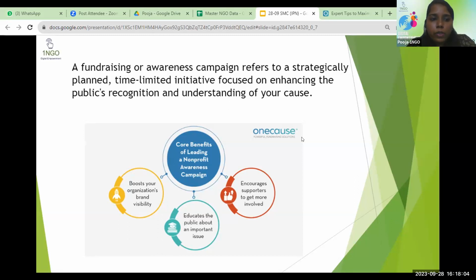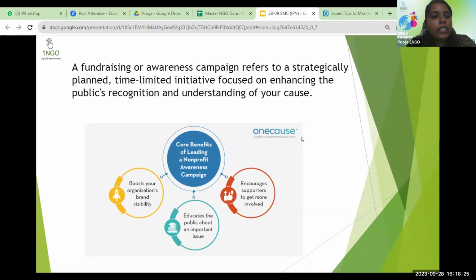And to raise awareness about this, we use social media campaigns. The main goal of these awareness or fundraising campaigns is to raise the visibility of your organization. By spreading awareness about your nonprofit's cause, you will grow your audience, right?